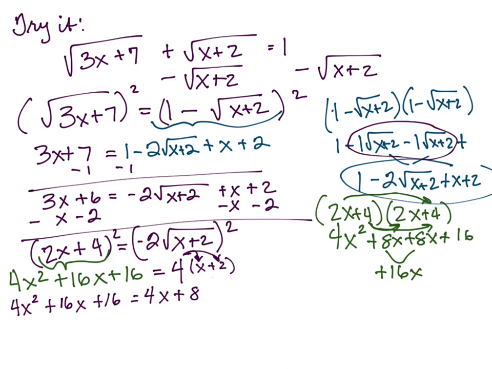Right? Subtract those from the left. So 4x squared plus 16 minus 4, 12x, and 16 minus 8, 8. So I've got 4x squared plus 12x plus 8 equals 0.